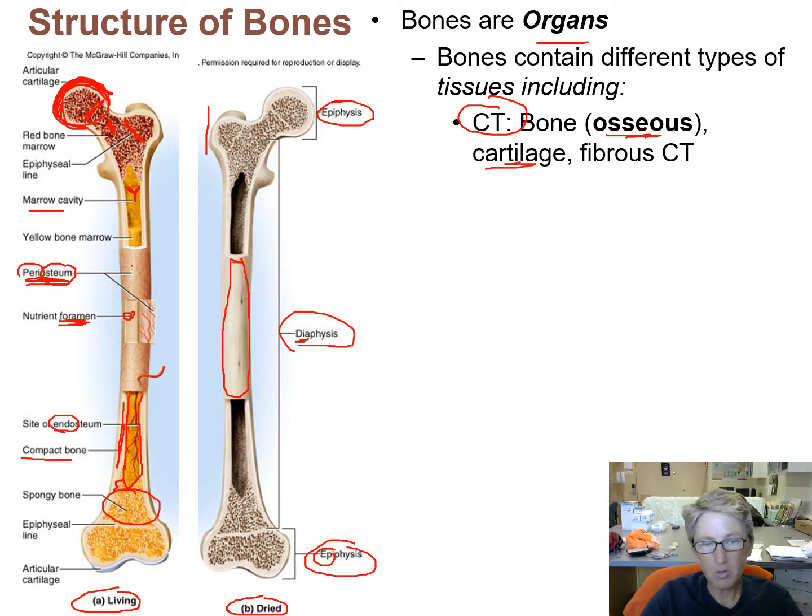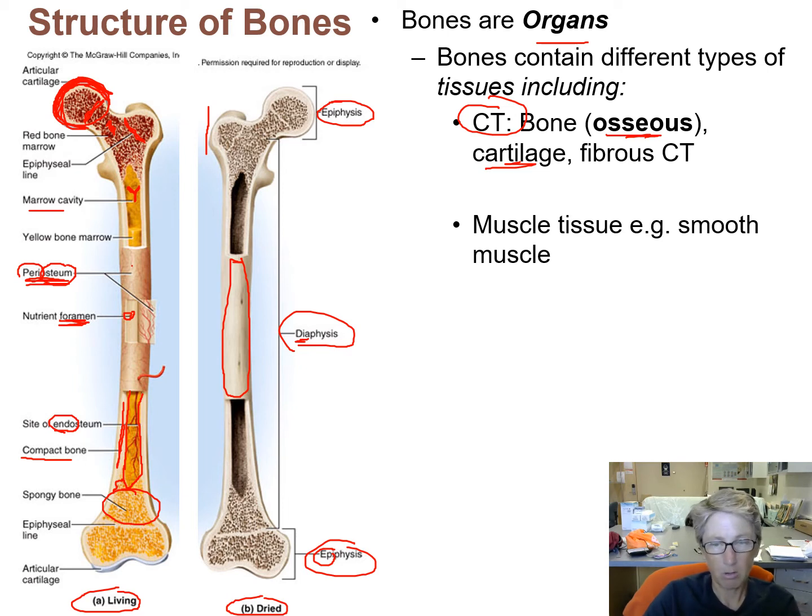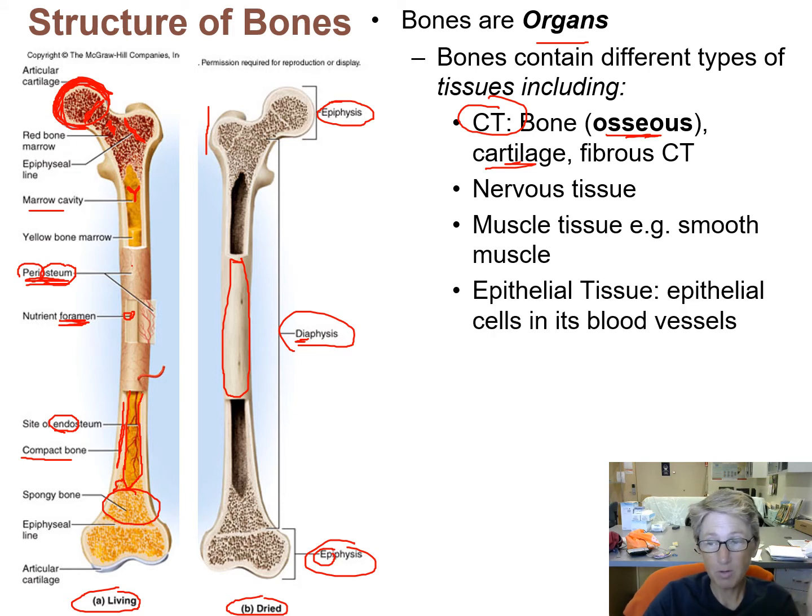Remember, the periosteum is made of a connective tissue. Muscle tissue. So the blood vessels that go into the bone are surrounded by smooth muscle. There's nerves that go into bone. If you've ever broken a bone, like I've broken many bones, you know there's pain receptors, there's nervous tissue in there.